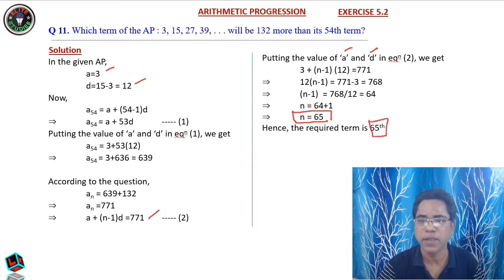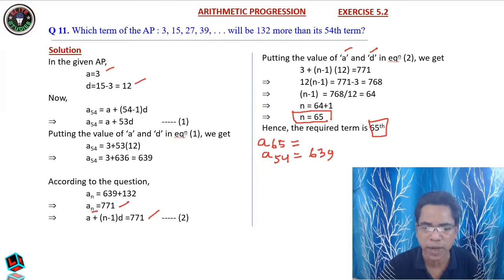Clear, students? Let us check. A54 is equal to how much? A54 is 639, isn't it? And A65 is equal to 771.